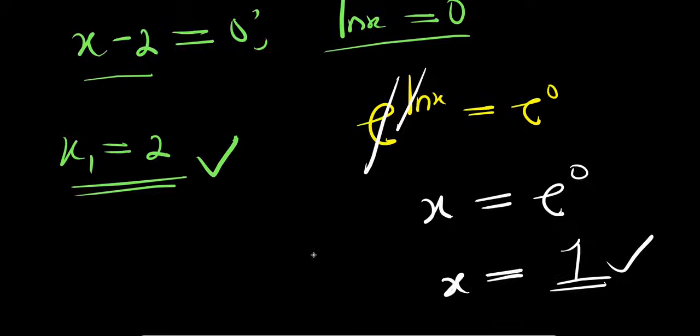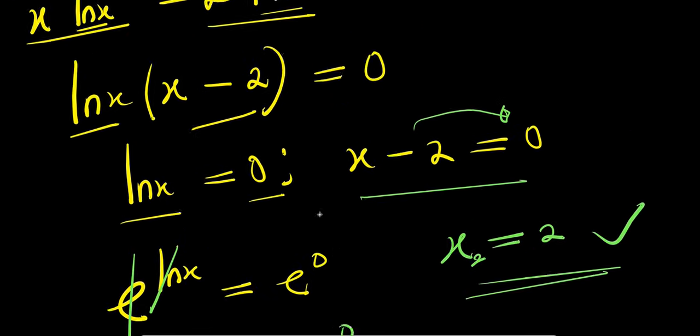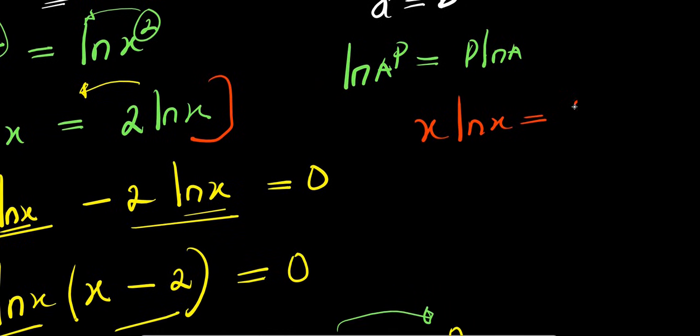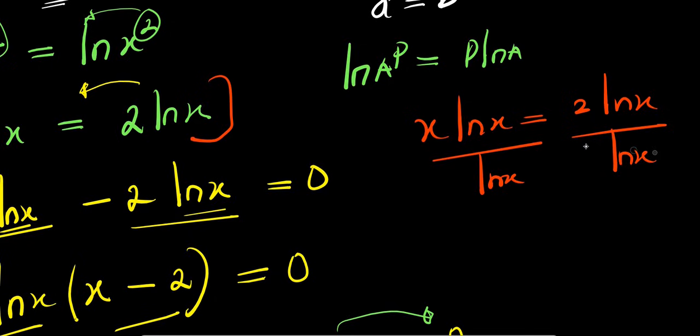Have you seen that? Now, there's something I need to explain to you at this point. Here, you have x times natural log of x equals 2 times natural log of x. I can decide to divide both sides by natural log of x.